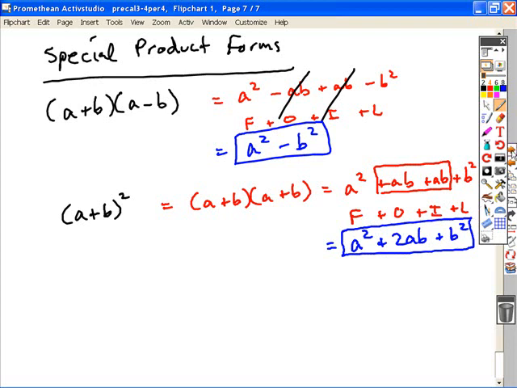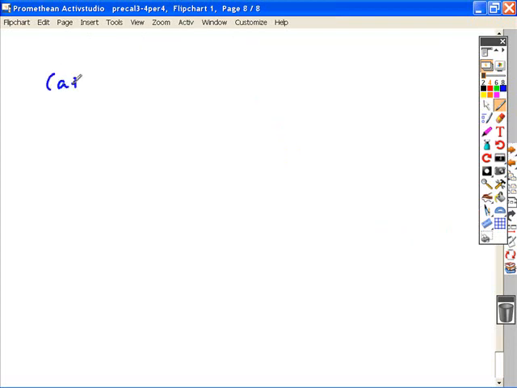The binomial form has a particular pattern. If you take a binomial to the power of 0, what is that going to equal? 1. And what if you take a binomial to the power of 1? When you look at what this equals, it's a plus b, right?